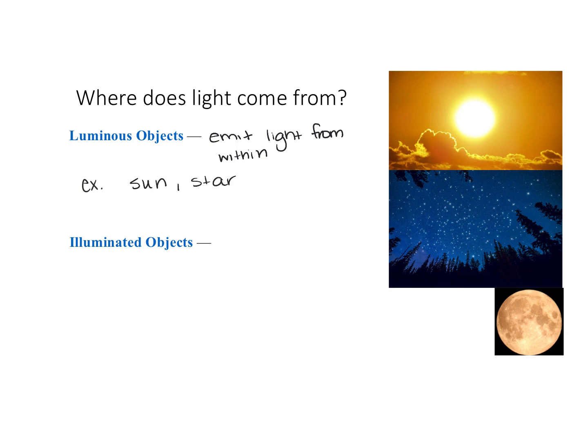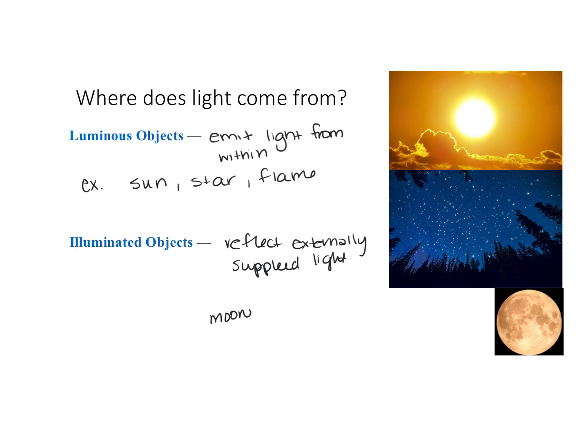Or a star, or a flame. Then you could have illuminated objects, and these reflect externally supplied light. This would be things like the moon, right?